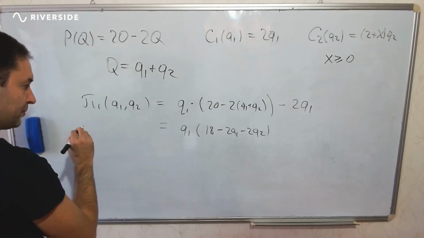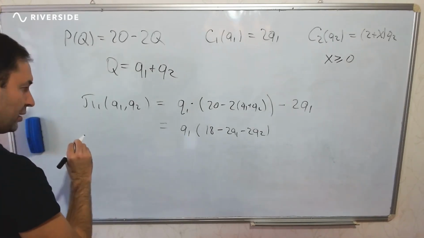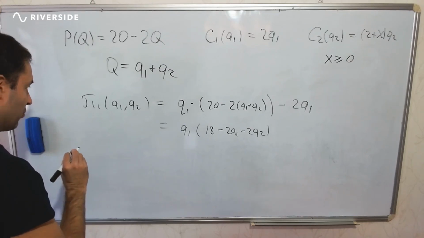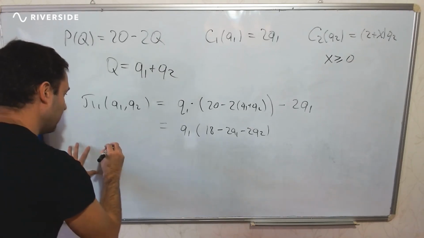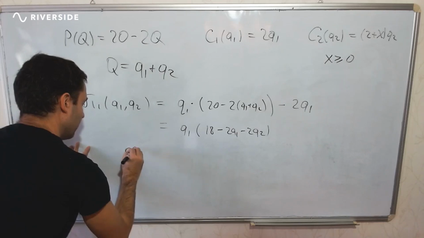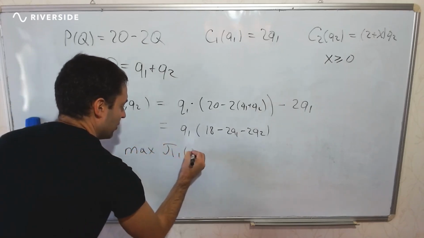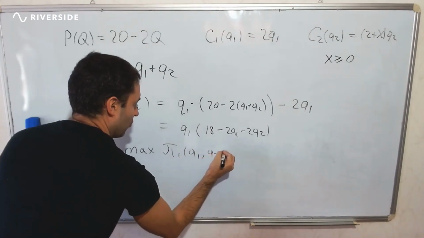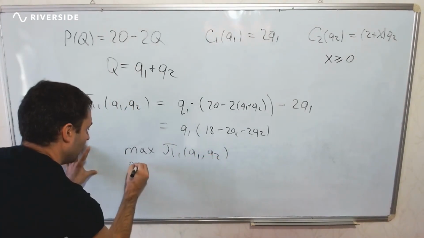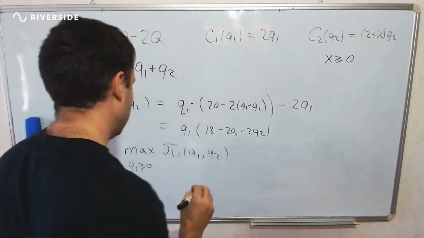Once we get this profit function, we can start building our best response. To get the best response, we want to maximize this profit with respect to Q1, picking Q1 greater than or equal to 0.